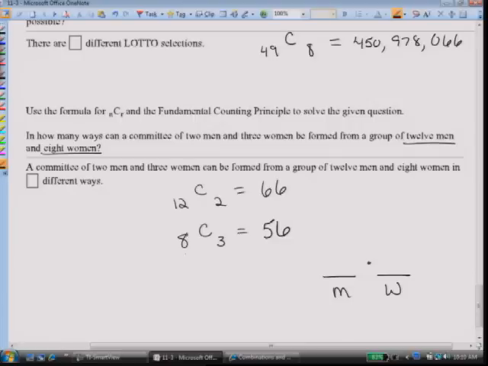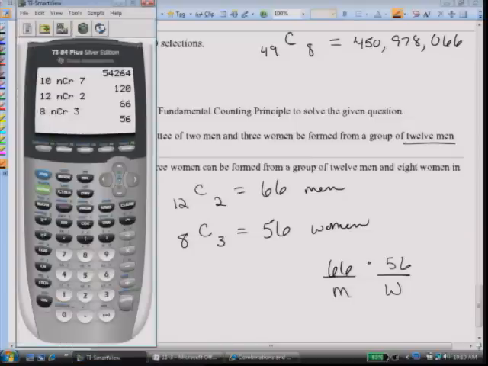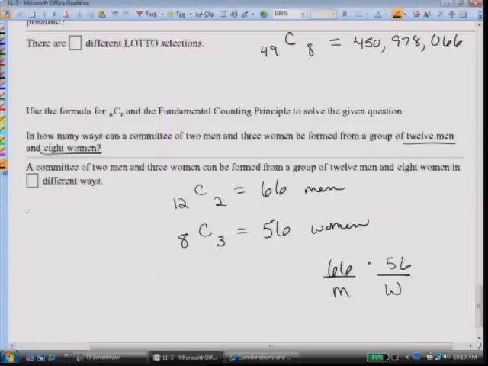The 8 was the women, so there were 56 combinations of women. So if we just multiply those two numbers together, 66 times 56, that's going to tell us how many different committees we can form with 2 men and 3 women. So that's 3,696. Okay?